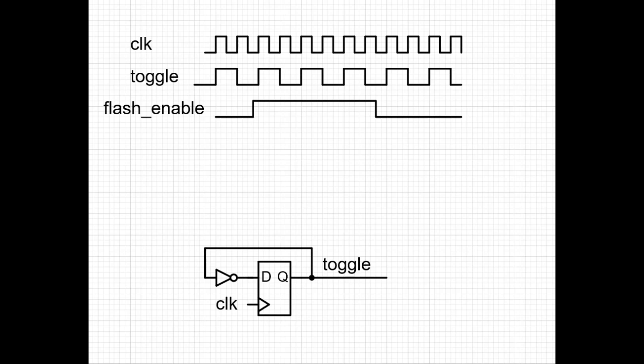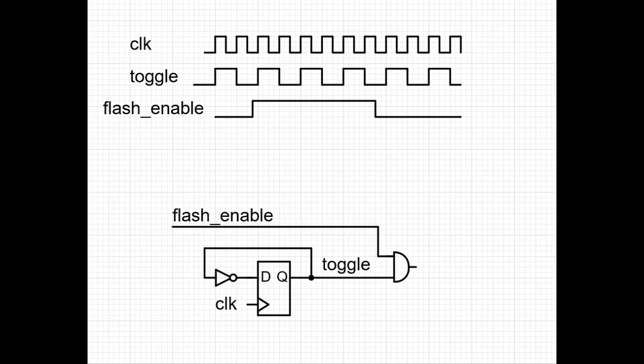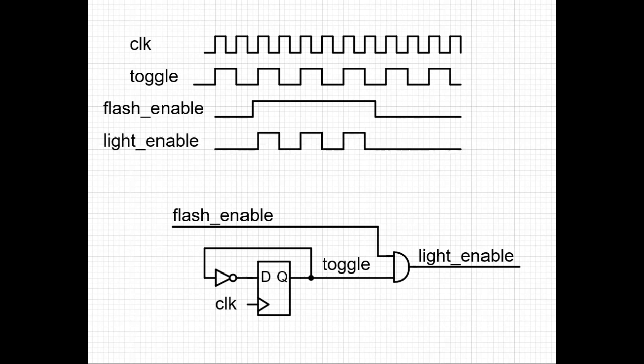Now we'll add another signal that I'll call flash enable. You might be getting an idea where this is going. We'll gate the toggle flop's output with this new signal and call the result light enable, and add that to our waveform.